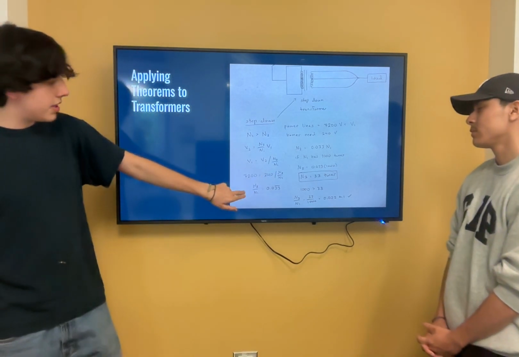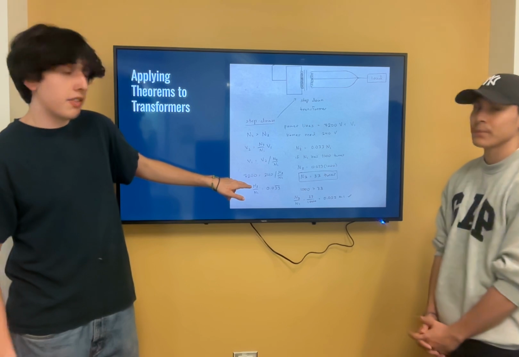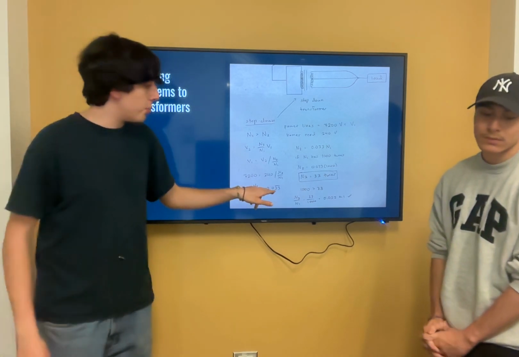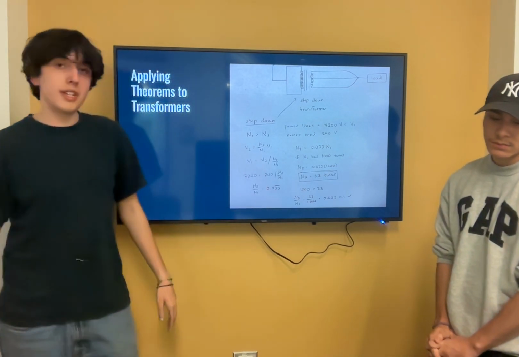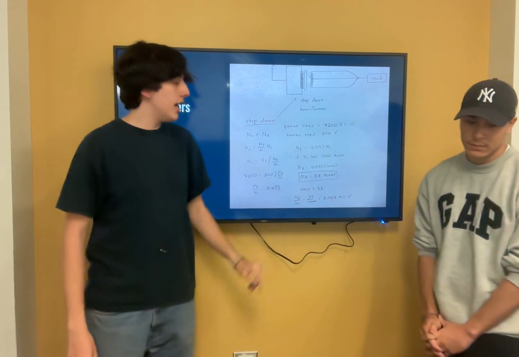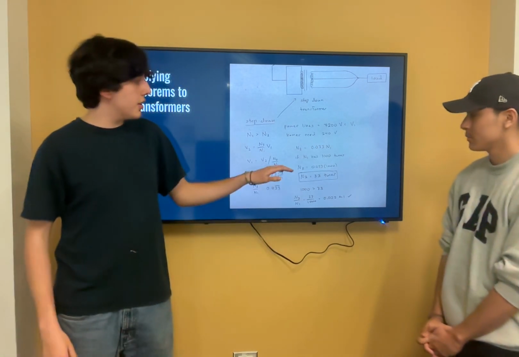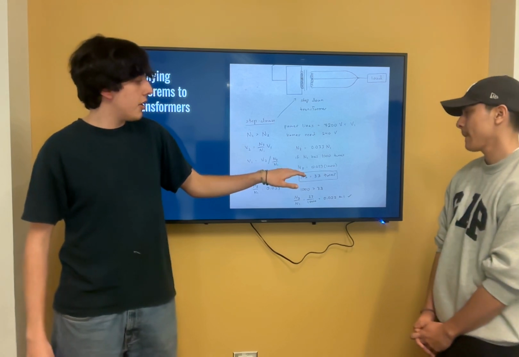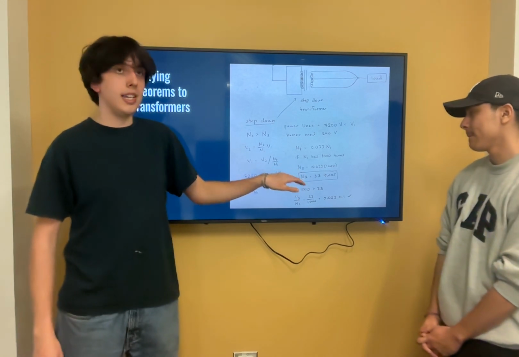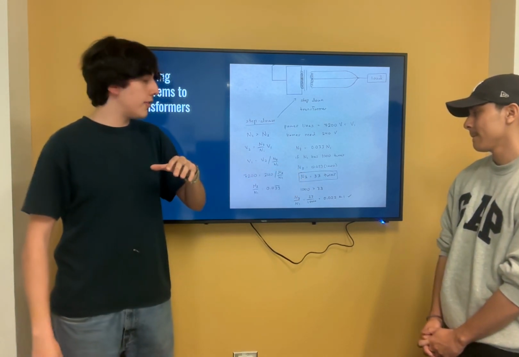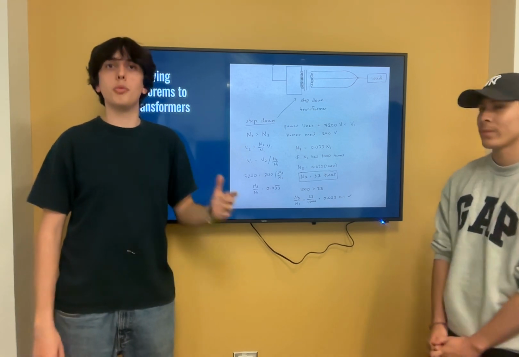Just solving this gives us that the number of coils for the output over the input is equal to 0.033, which means that for every coil in the input, there is 0.033 coils in the output. So let's say there's 1,000 coils in the input, there will only be 33 coils in the output to give us the voltage we want.